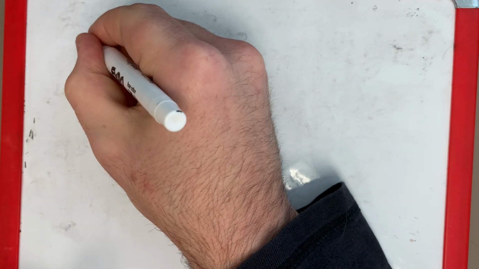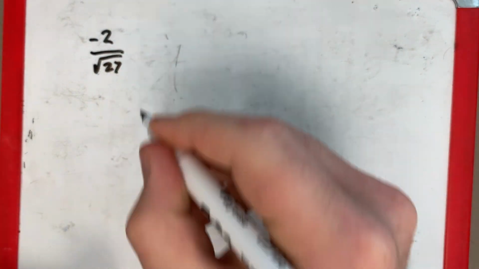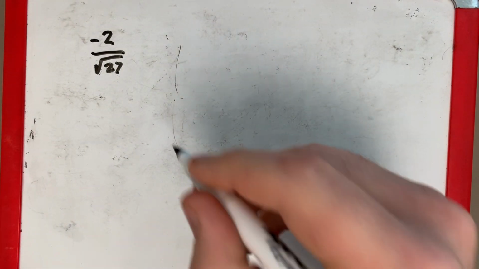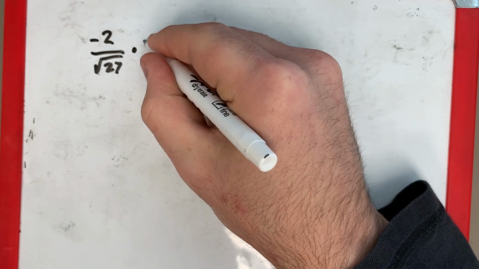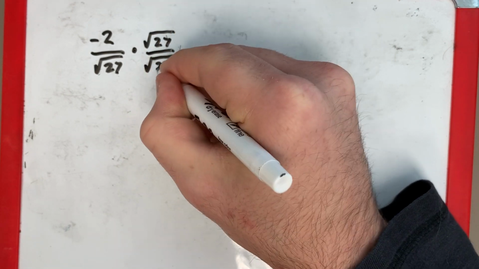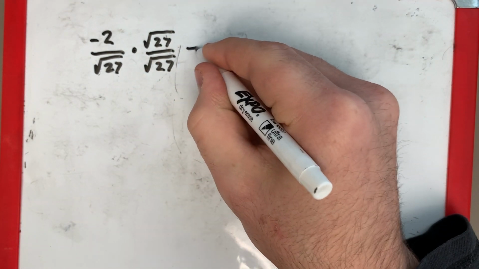We have minus 2 over root 27. First thing we're going to do is rationalize that denominator. We don't want a radical in the denominator, so what we're going to do is multiply cleverly by 1 by multiplying by the denominator, top and bottom.